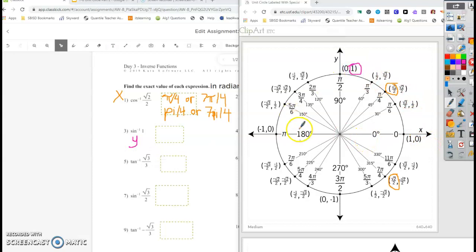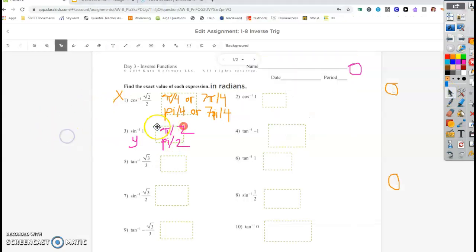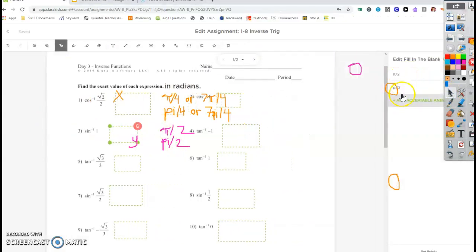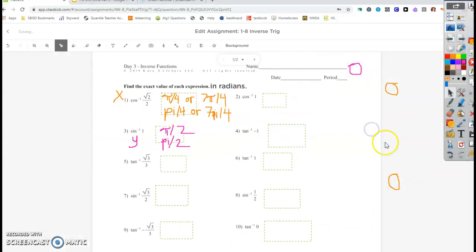In this case, there's only one answer, and it is pi over 2. So you can write it as pi divided by 2, or you can spell out pi over 2. And it should tell you that the answer is correct. If it doesn't, let me know, because that means Miss Lau messed up.